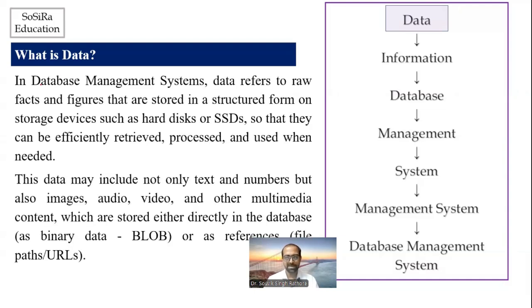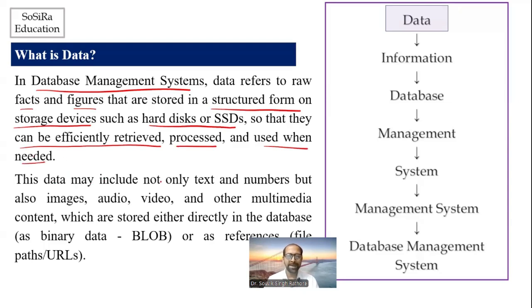Let me summarize what data is. In a database management system, data refers to the raw facts and figures that are stored in structured form on some storage device. Where do you store the data? In hard disks or SSDs, so that this data can be efficiently retrieved, processed, and used when needed.